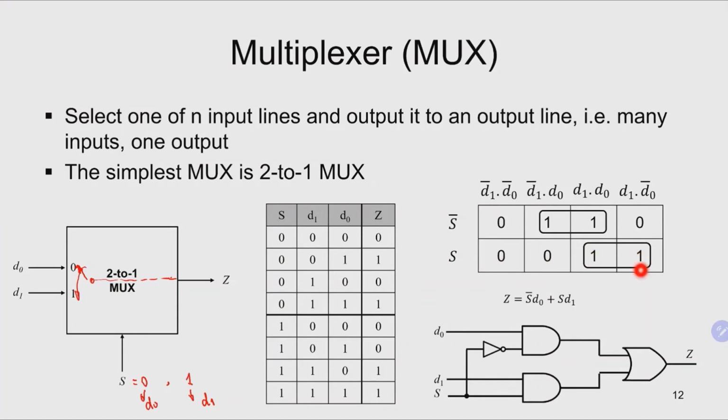Then we group our pairs of ones. We've got one pair here and another pair here. Then we can minimize our function Z, and if we do that, we get Z equals S bar D0 OR S D1. Then we can build our combinational logic circuit to give us this 2-to-1 multiplexer.